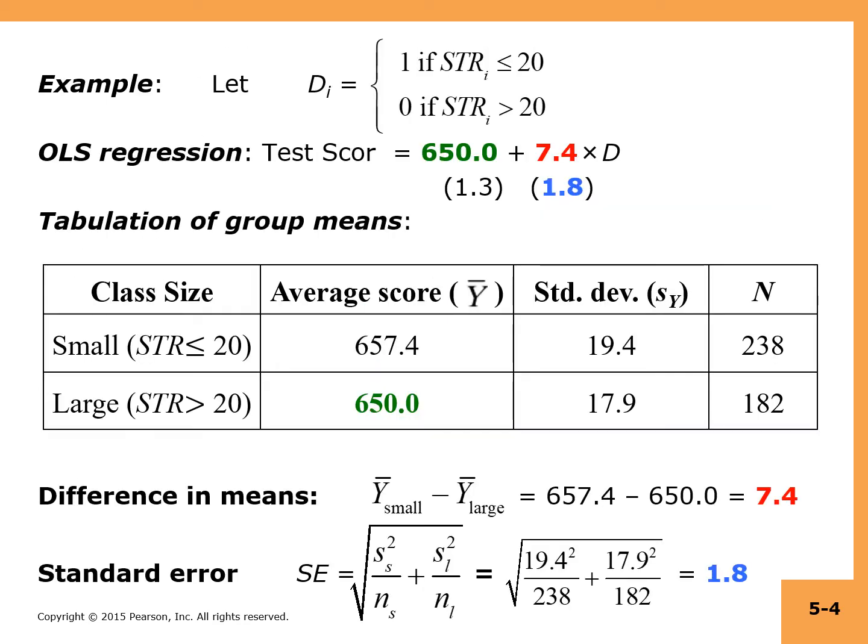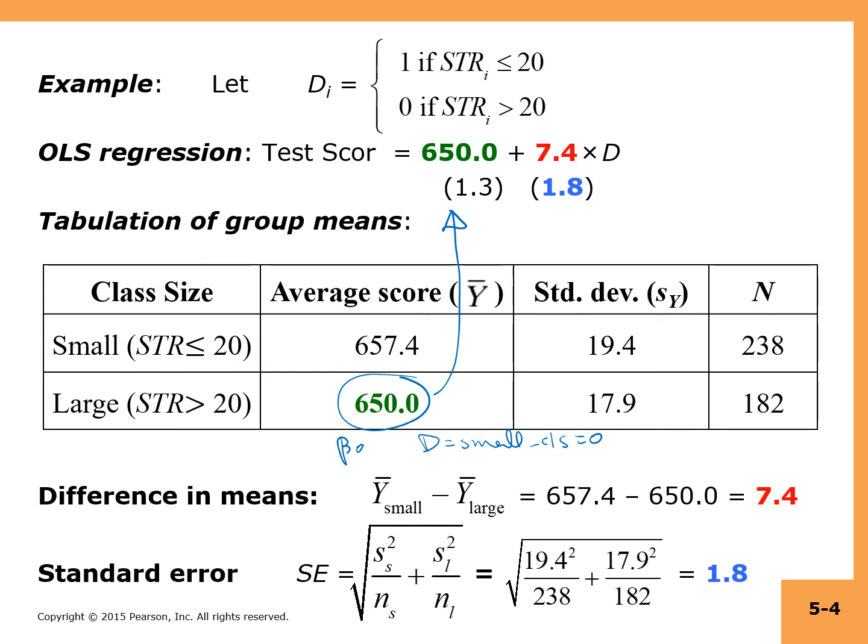Here's an example of dummy variables using actual numbers. Previously, we said that the average test score of a large class is when the dummy variable, which we called small class, is equal to 0. And when this dummy variable is equal to 0, the average test score becomes beta 0. So that's how we get beta 0.